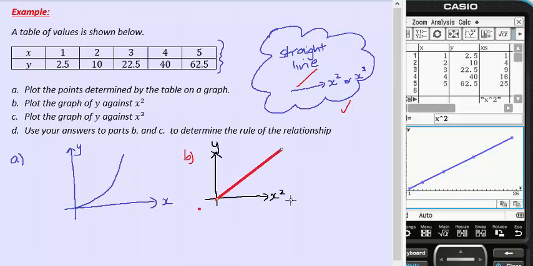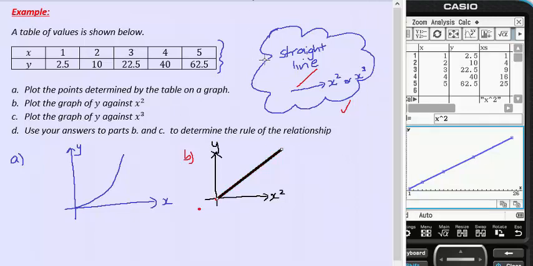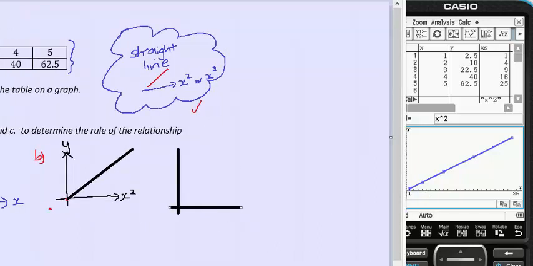It looks like that. Now, for the next part, it asks for the x cubed graph. So we know that the x cubed graph is going to look something like this. Here are my axes. Remember, my axis here is going to be called x cubed, and this one's y.